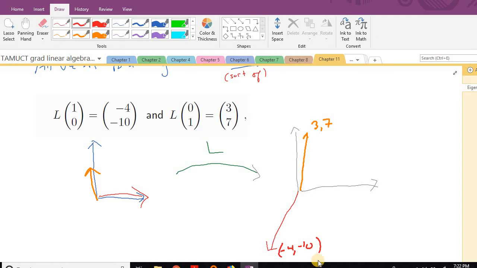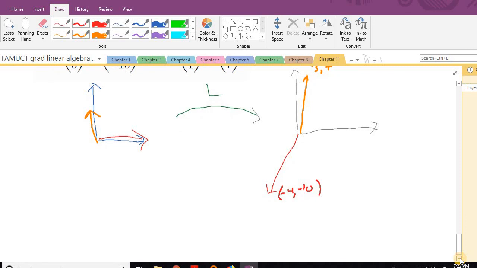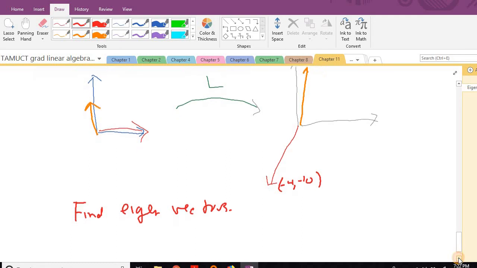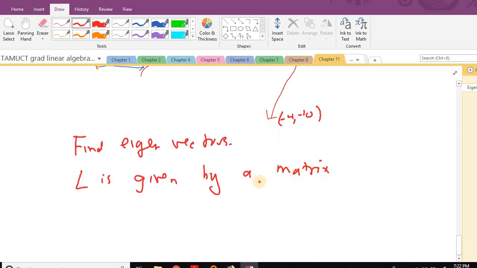So let's see if we can find the eigenvalues and eigenvectors. Now, L is given by a matrix, and it's going to have to be a 2 by 2 matrix.